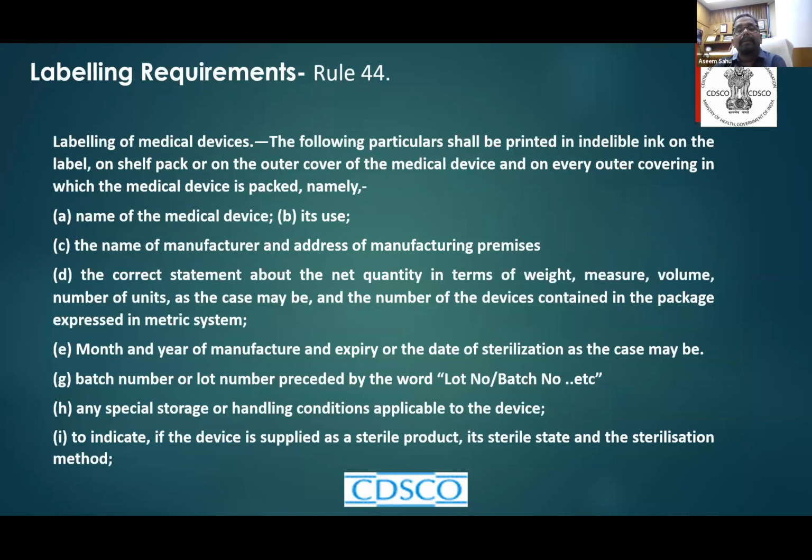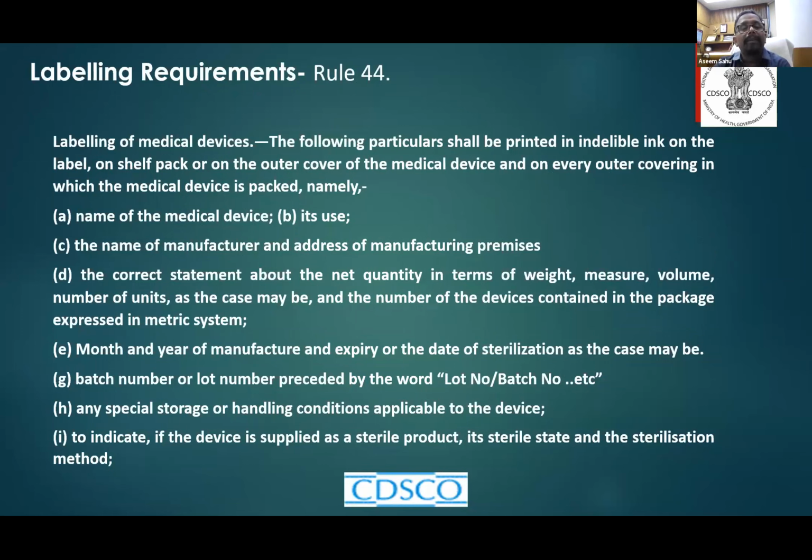Labeling provisions: what are the labeling provisions for medical devices and in vitro diagnostic kits for the domestic market? It is mentioned in Rule 44 of the Medical Device Rules 2017, and the details Mr. Rajiv Nath has already explained very clearly, so I will not give them much time.